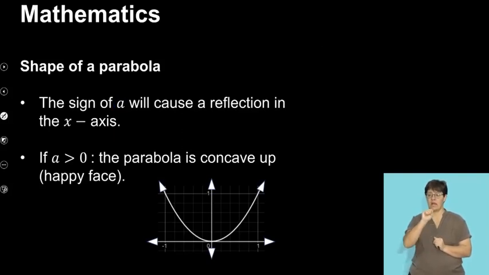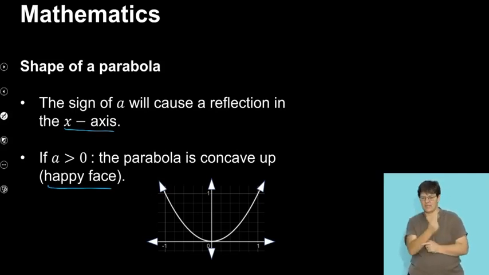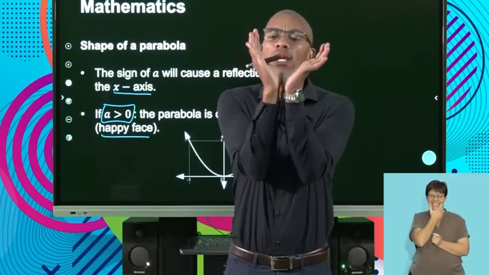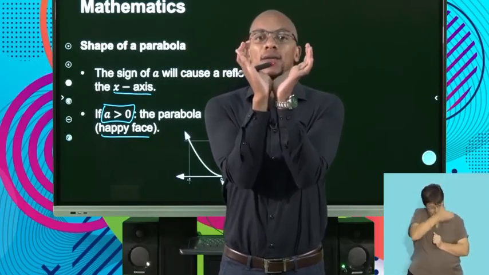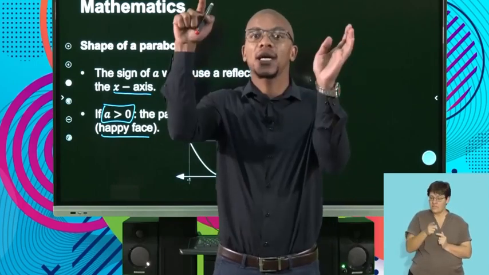And then the sign of a will cause what we call a reflection in the x-axis. Now, we normally use the words happy face and sad face, right? And I will show you why we say that. If a is positive, the parabola is called concave up, which we say is a happy face. Why is it a happy face? It's because it is forming a smile, right? So it's a curve that is facing up like this.